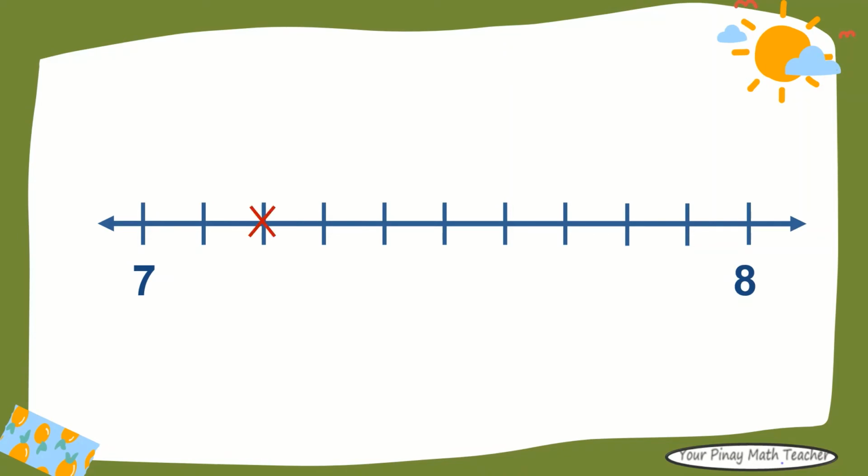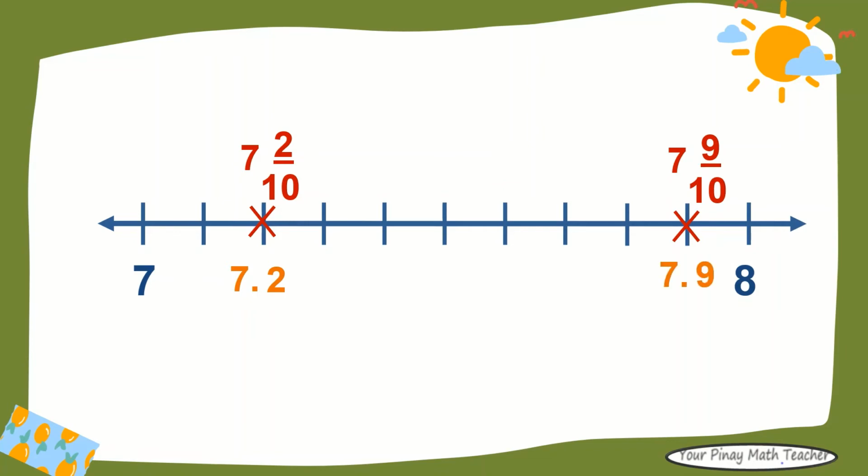So what is the decimal in this point? Since this is second from 7, so this is 7 and 2 tenths, which is equivalent to 7.2. How about this one? This is the 9th part. So this is 7 and 9 over 10, which is 7.9.